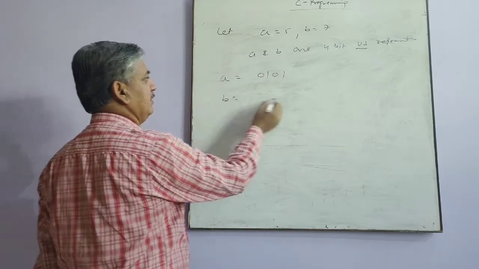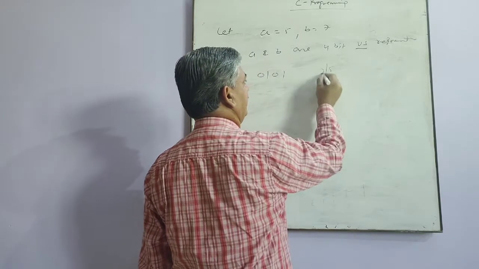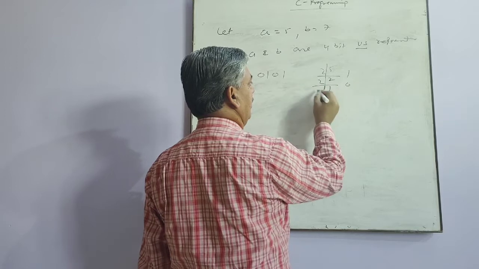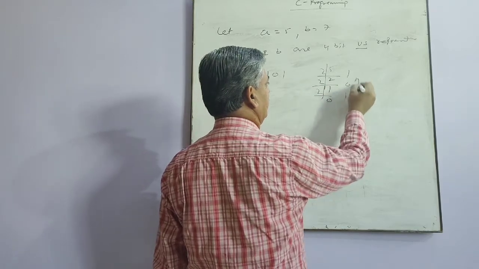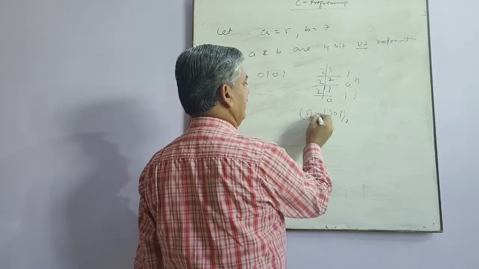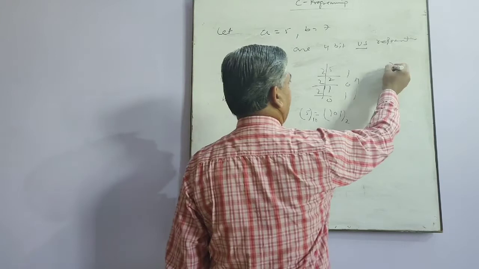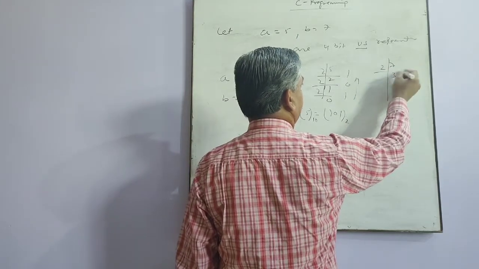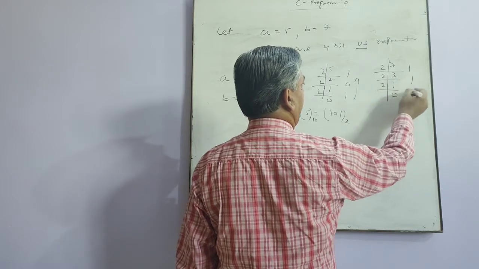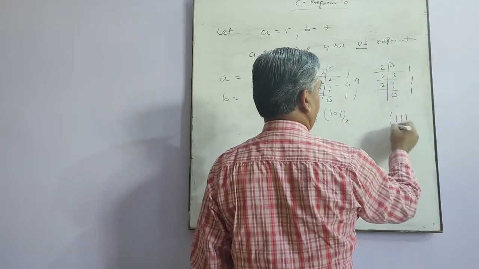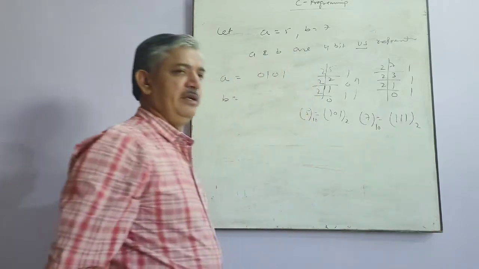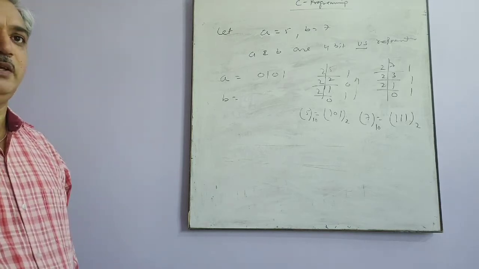And B is... 5 is 2, 2 fours are 4, 1, 2 ones are 2, 0 and 1. So this 1 0 1 is the 5. This is the binary equivalent of 5. And 7 is what? 1 four, 1 two, and 1: 1 1 1. This is the binary equivalent of 7. Clear?